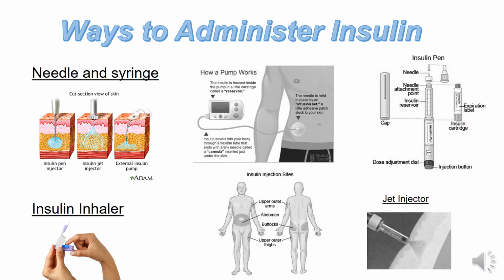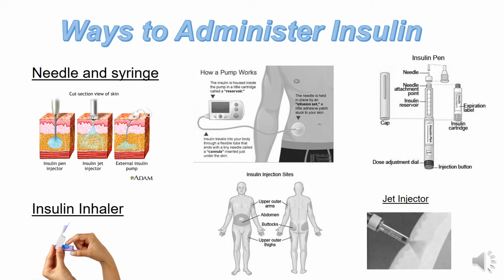You need to remember that the amount and the time or frequency of administration of insulin may vary based on what the client needs. You always want to check, like I mentioned before, the expiration date on the bottle, and make sure that what you are using is not expired.